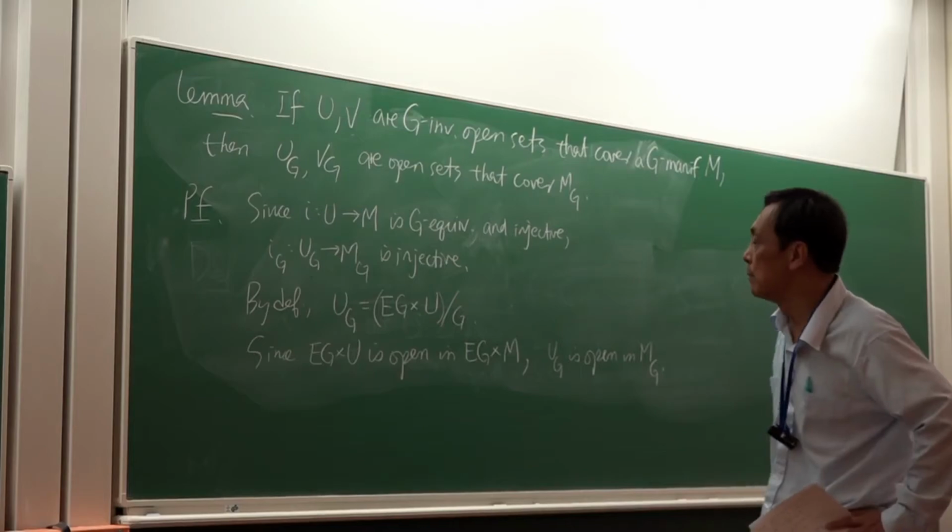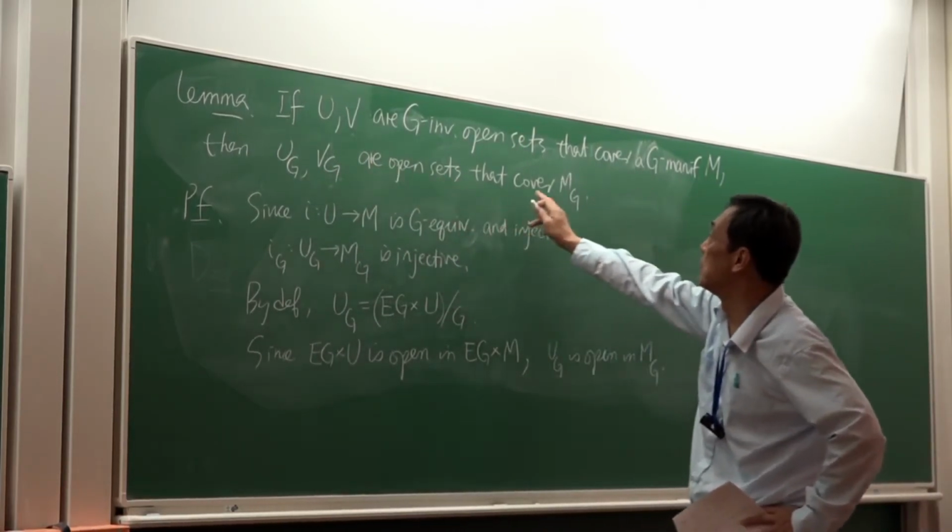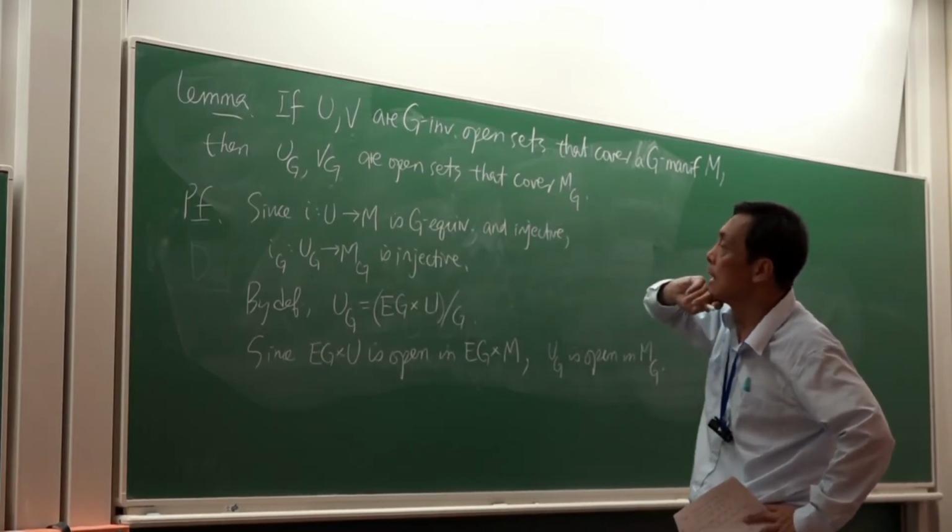Right? So similarly, V_G is an open subset of M_G.